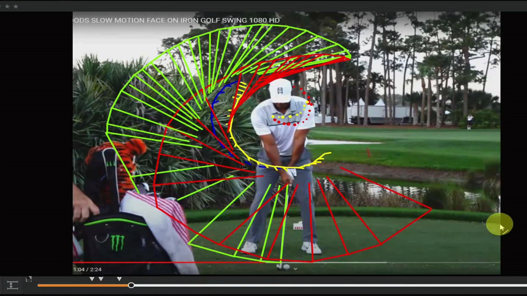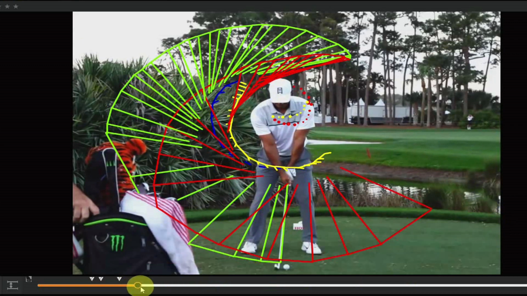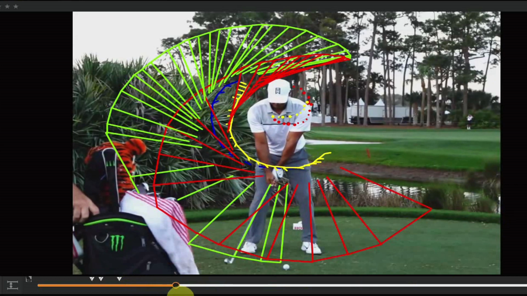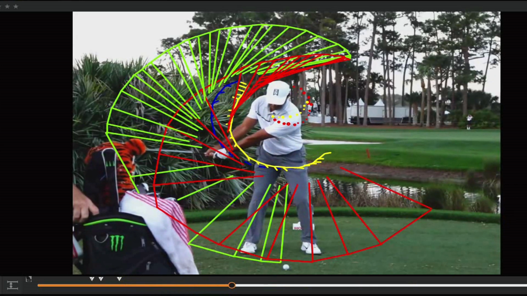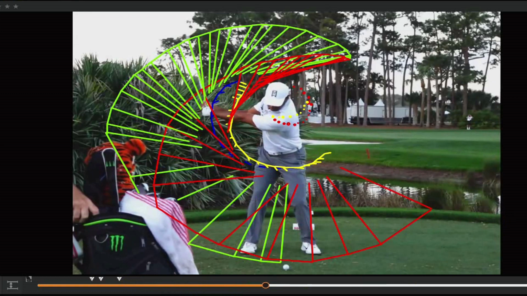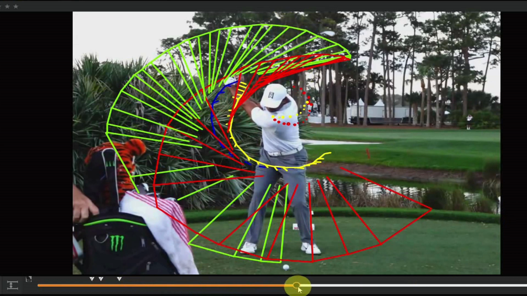Now we can trace green, golf club, going back, red, coming down. And by the way, what I used was the ferrule on the shaft because it was a little bit easier to see, at least for me.